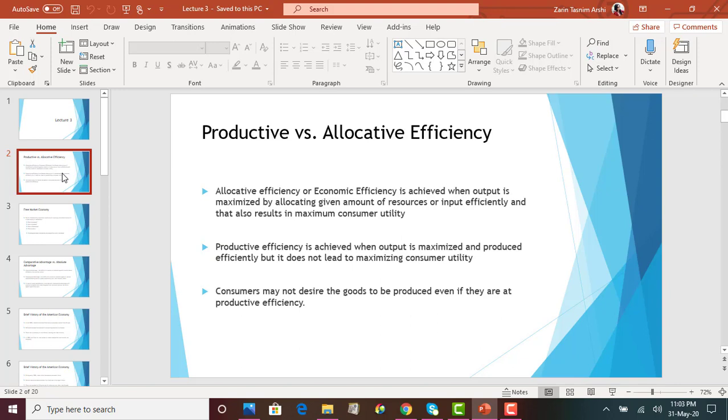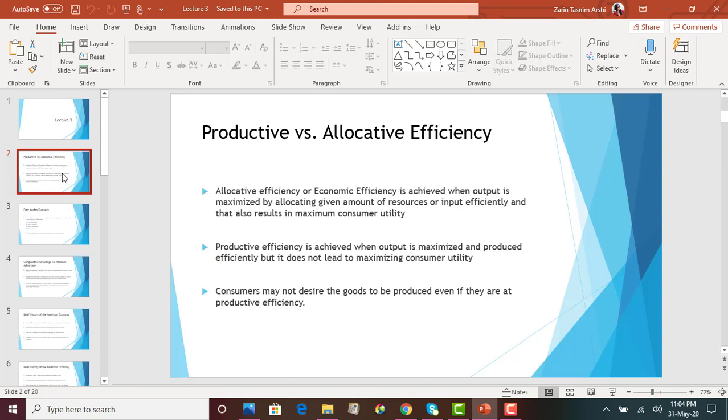So we either don't have any information on consumer utility, or we are unable to maximize consumer satisfaction, and in that case we will have productive efficiency, because on the production side, on the business side, they are efficient, but we were not able to make the consumers happy, so we could not maximize consumer utility. Consumers may not desire the goods to be produced even if they are at productive efficiency, like in the example I gave for missiles or aircraft. Consumers, normal people, may not want those, so even if they are produced efficiently, we will not have consumer satisfaction that is maximized.